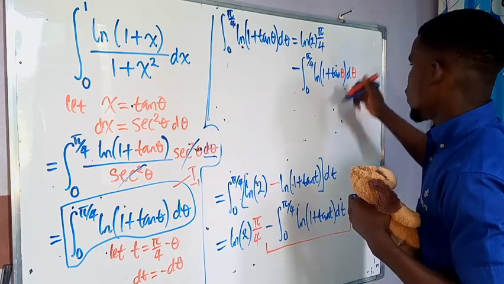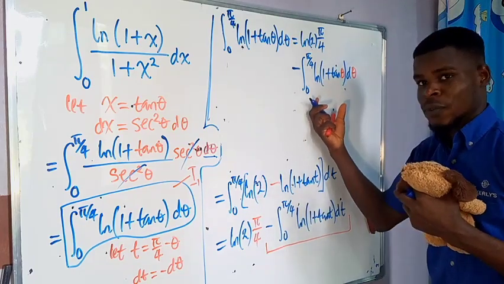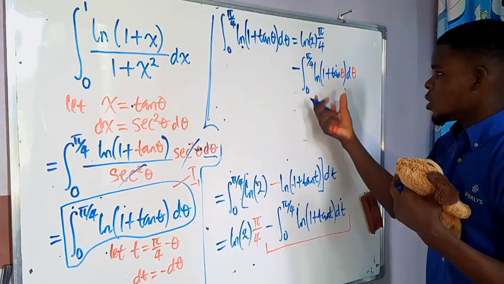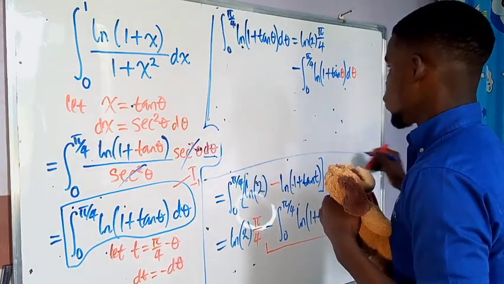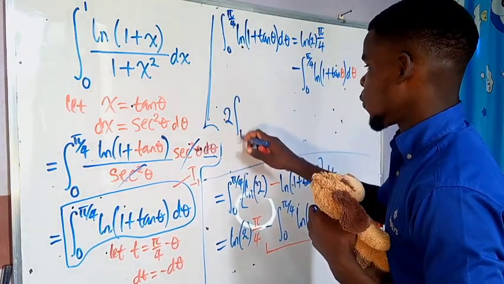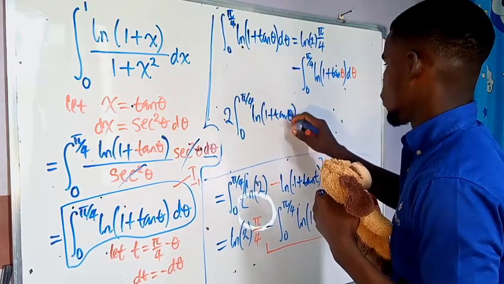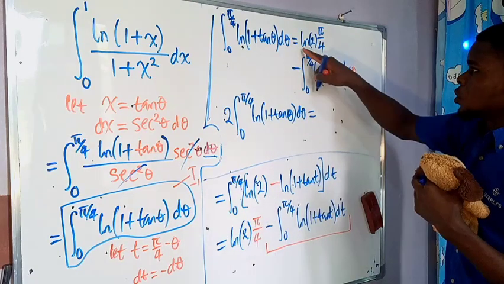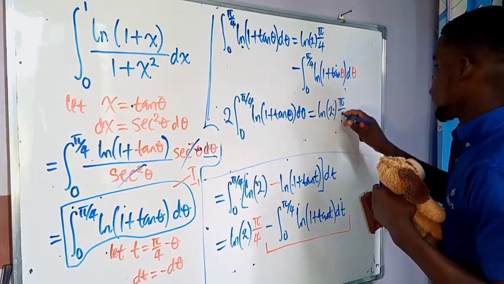So what do you see? We have the integral of this is equal to something minus itself. So to achieve the actual thing, we need to add this to both sides. When we add that, we're going to have 2 times the integral from 0 to pi over 4 of the same input, and that will just give us this part only, which is the natural logarithm of 2 times pi over 4.